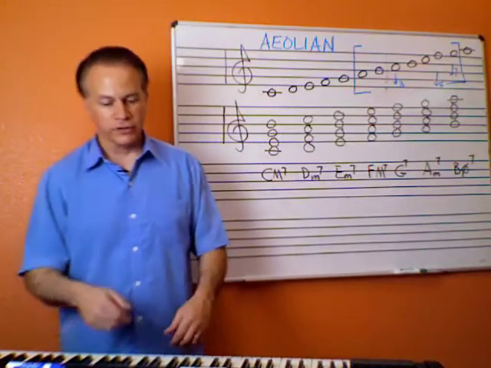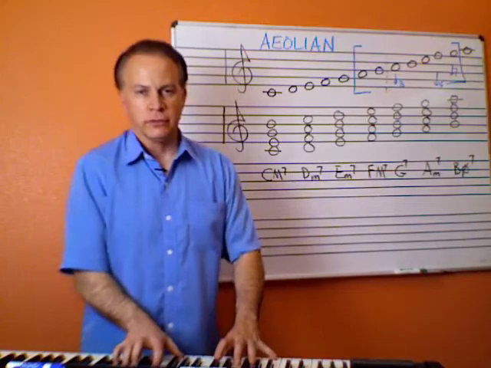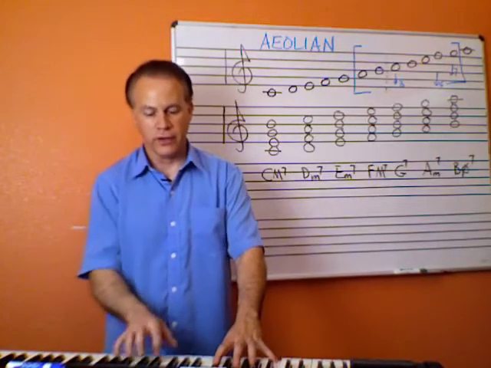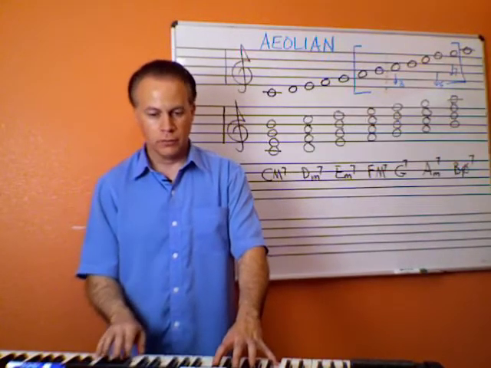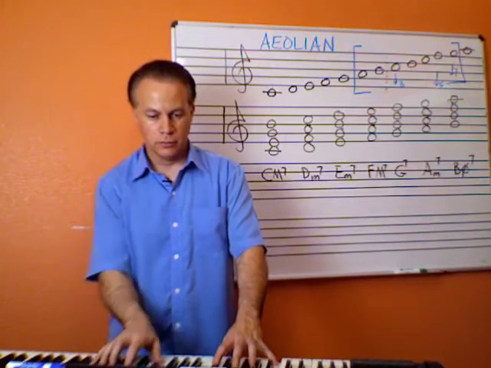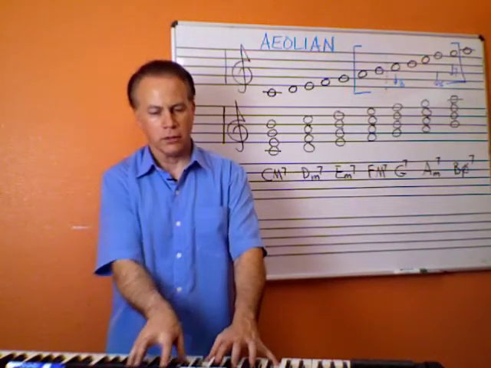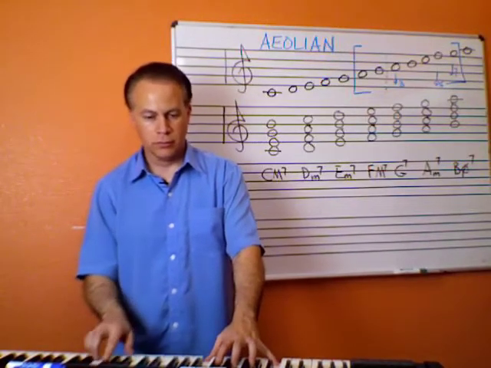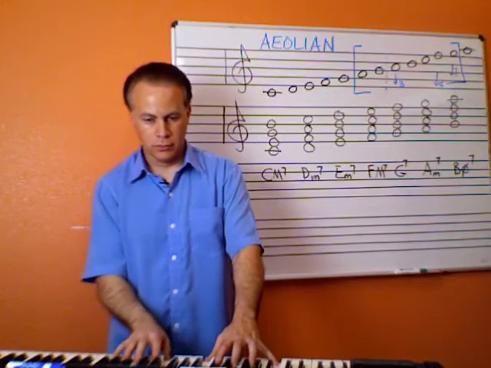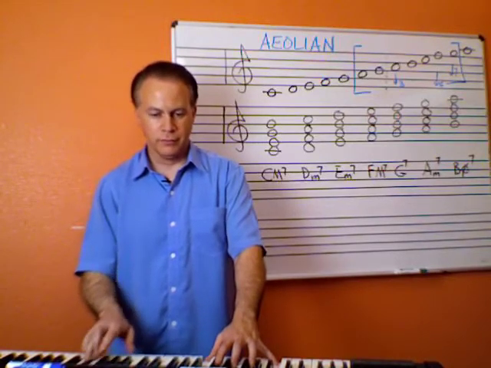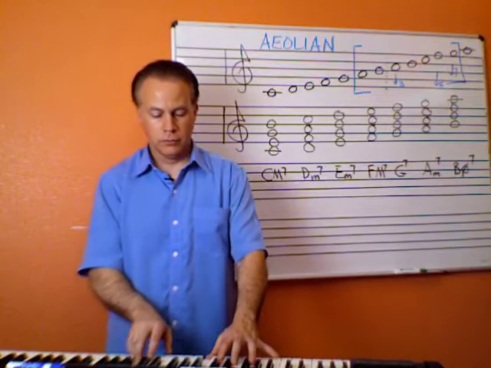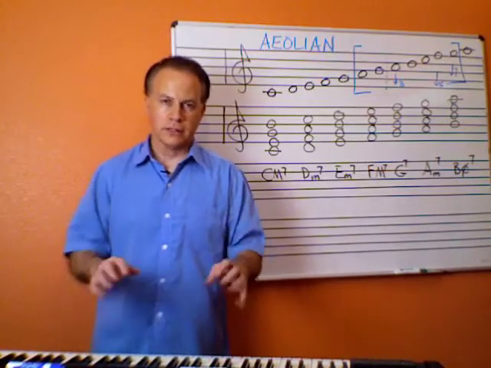Okay. Example 6 goes for an F minor 7, as if we're a 6th chord in the key of A flat. One more time. Okay, that's the sound of Aeolian.